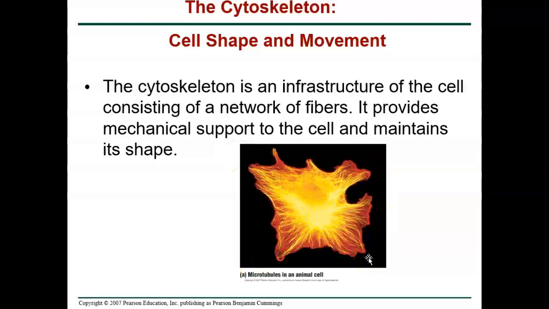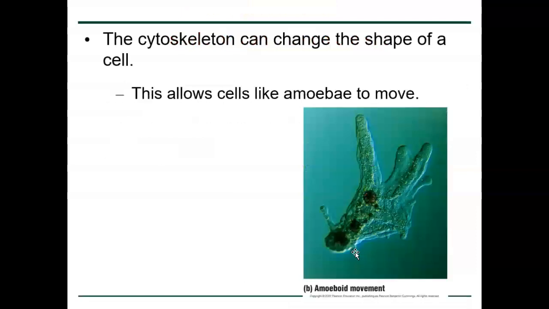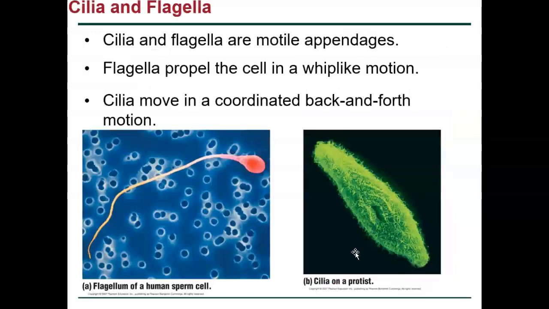But not so much in our cells, but the cytoskeleton is involved when we start talking about reproduction and copying of cells, making duplicate cells. So this is showing you how, I'm trying to finish here in 6 minutes, this is showing you how an amoeba moves by changing its cytoskeleton.